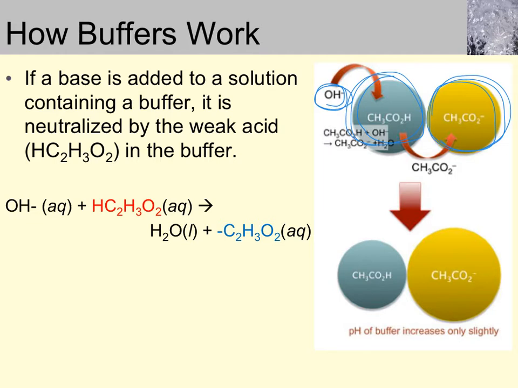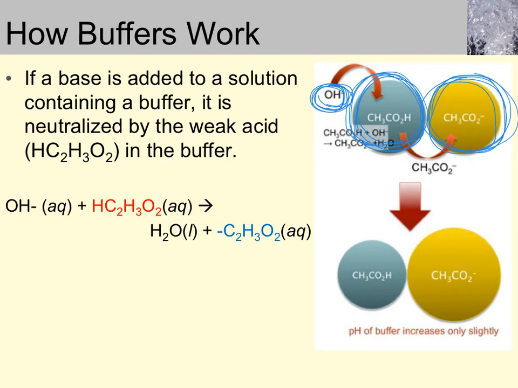If you contaminate it with a base, the weak acid that you made the buffer from, in this case acetic acid, is going to gobble up the contaminant base that got added, and in doing so is going to produce more of the conjugate base that makes up the buffer.